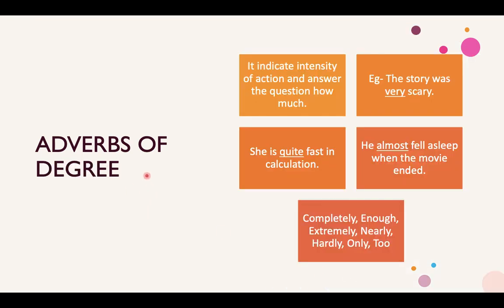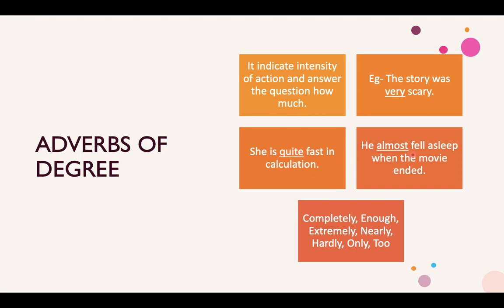Now adverbs of degree. It indicates the intensity of an action and answers the question how much. Example, the story was very scary. Very is degree. It's showing how scary? Very. She is quite fast in calculation. How fast? Quite.